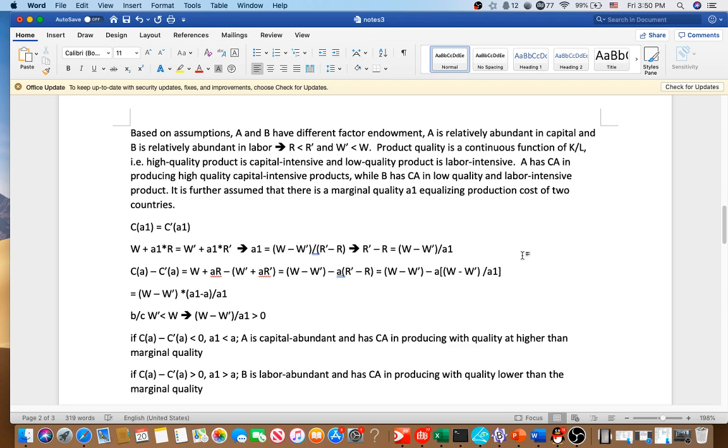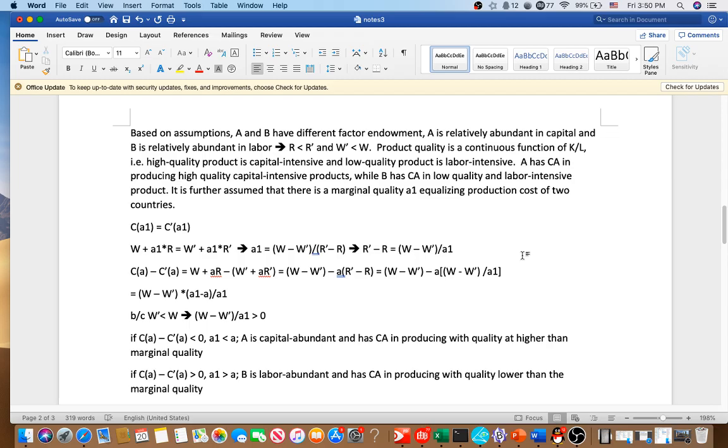It is further assumed that there is a marginal quality, denoted by A1, equalizing the production cost of the two countries.